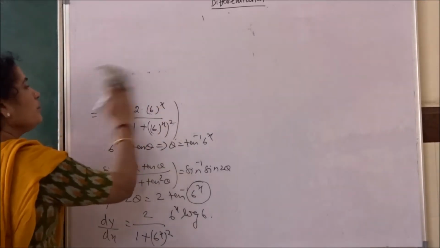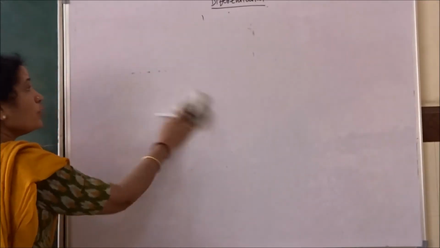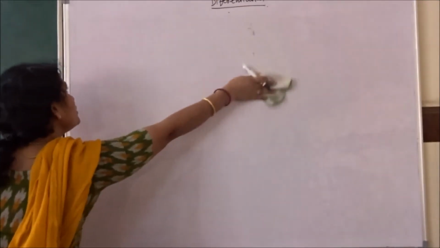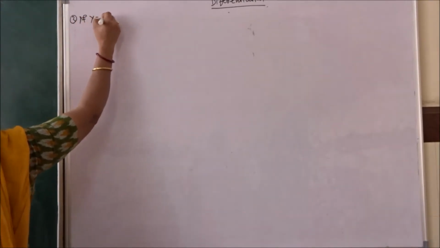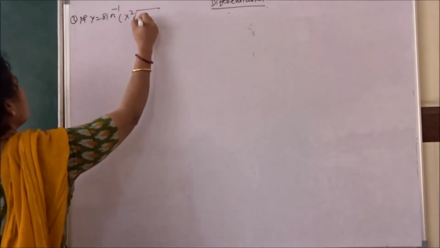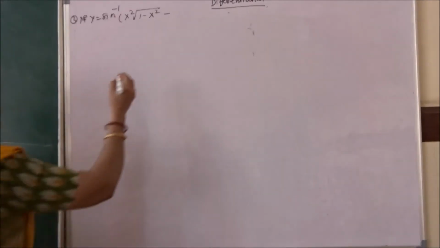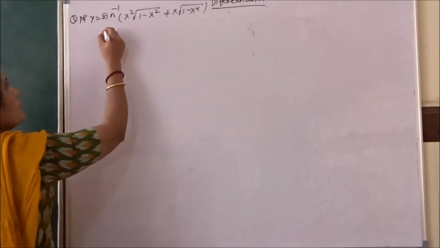Now let us see. When an inverse trigonometric question is given, you should know the suitable substitution to remove this inverse trigonometric. Now another question, for example, if y equals sine inverse of x square into under root of 1 minus x square, plus x into under root of 1 minus x power 4. Find dy by dx.